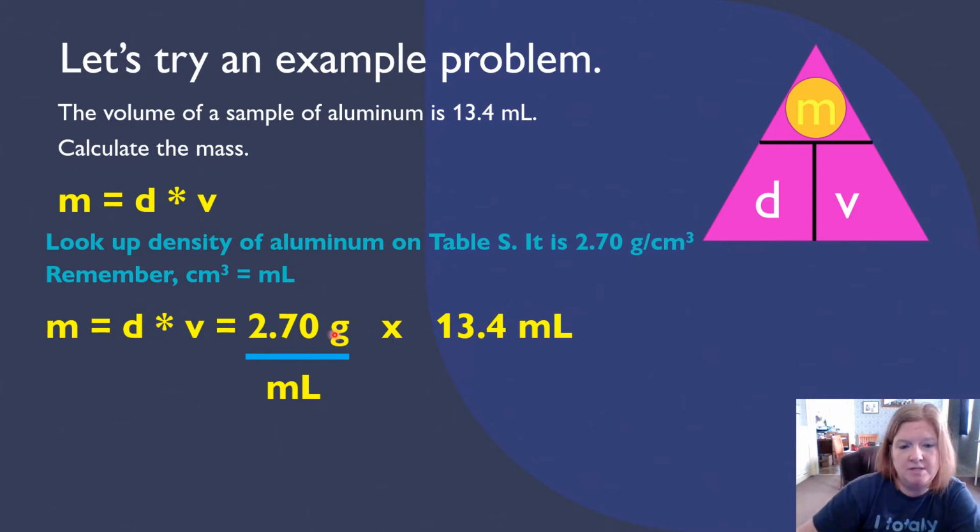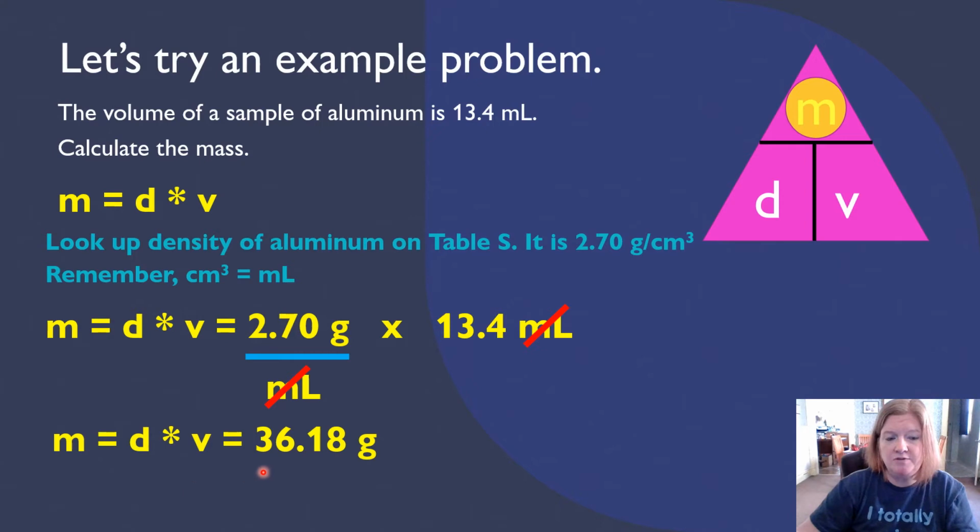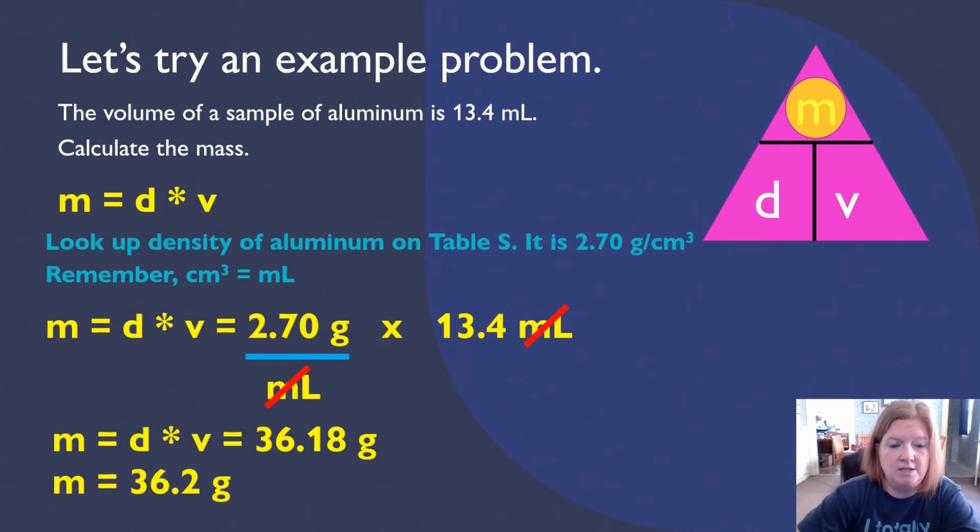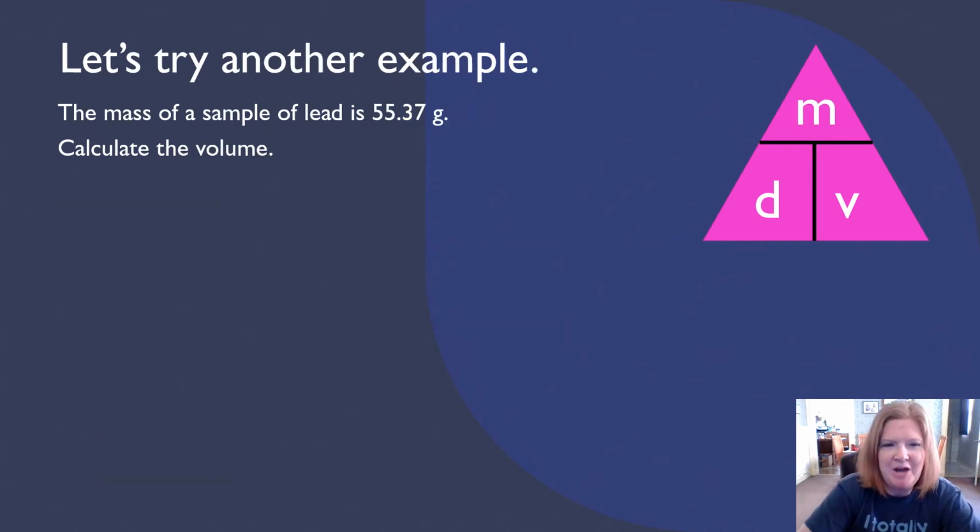So I set up, that was the density from table S. That was the volume. And then I plug the numbers in the calculator. Remember, those milliliters are going to cross out because when this is on the top, this is on the bottom. And we're left with 36.18 grams. Now, significant figures, which we haven't talked about yet, but we need 3, which means I have to round my answer.